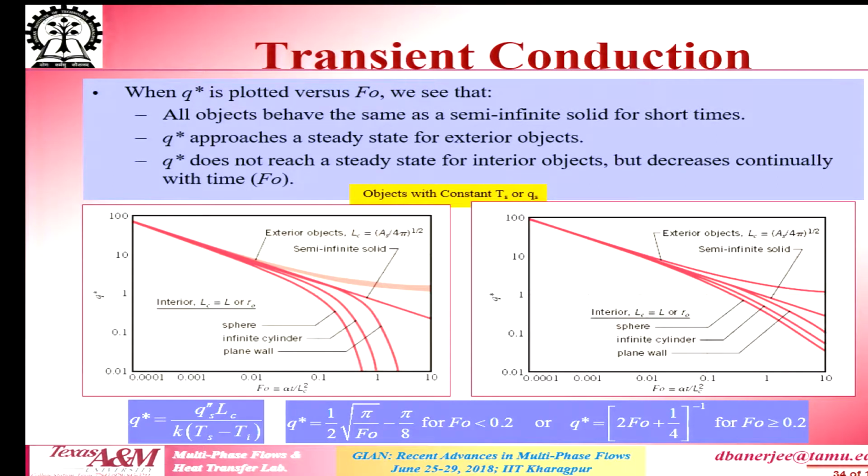In other words, if you have a transient problem where the Fourier number is less than 0.001, you can treat it as a semi infinite solid and you do not have to worry about the curvature of that object. So, it does not matter whether it is a plane wall, a solid sphere or a solid cylinder, the semi infinite equation, which is a much simpler equation, will give you the solution to pretty good accuracy. Keep this in mind, because we will be revisiting this a little down the road.